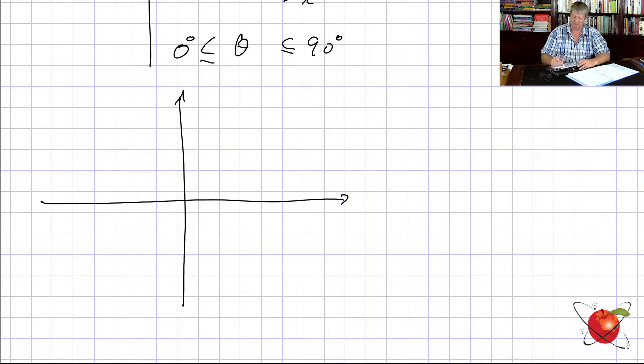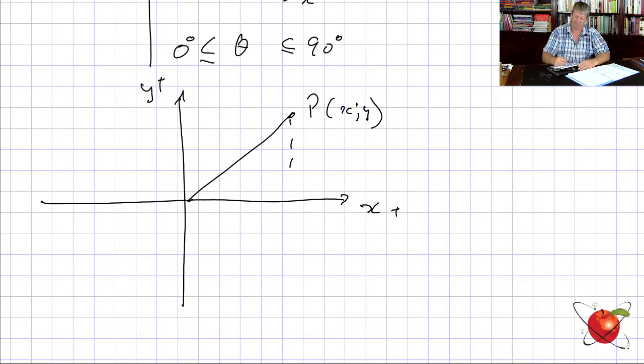Over here, can you see x and y? That's positive and positive, right? Which means that any arm or ray that I draw that way up to point P has got coordinates x and y. That length is y, this length is x, that's theta.